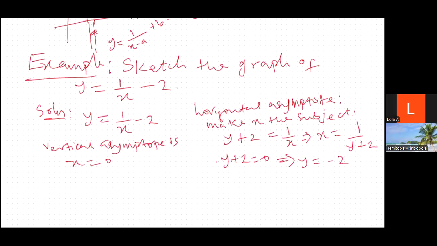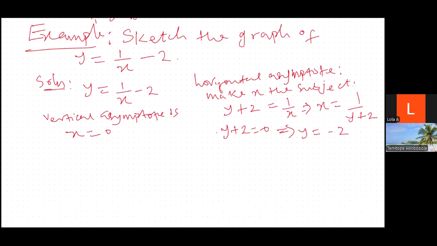So the graph will now look this way. I want to move up a bit. So we now have the x and y axes drawn.